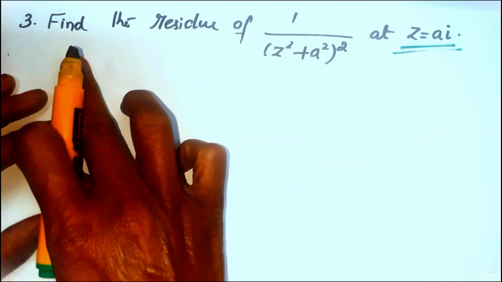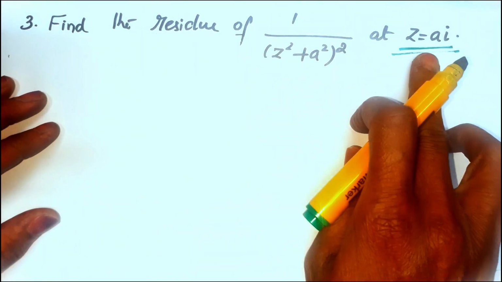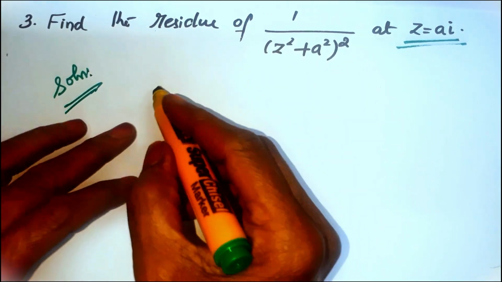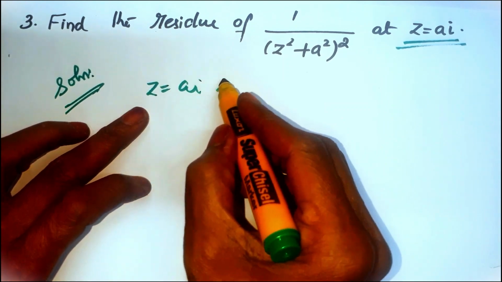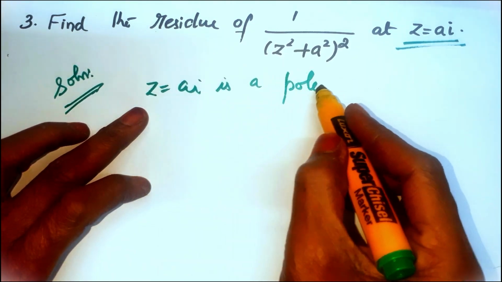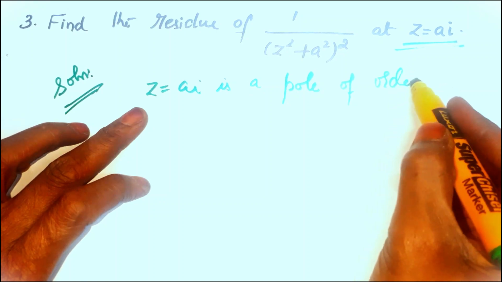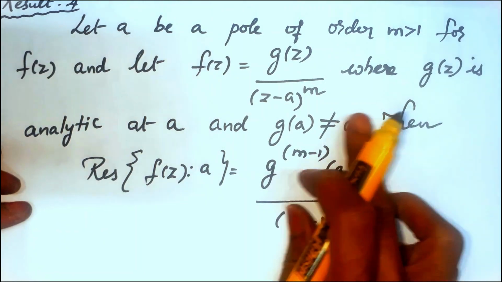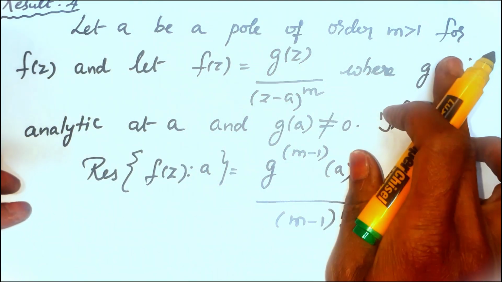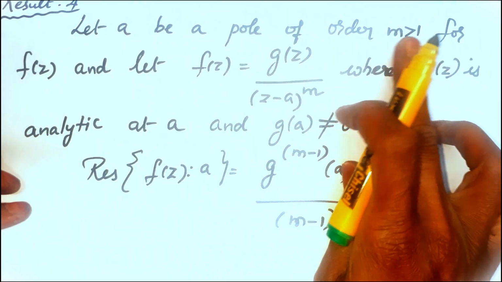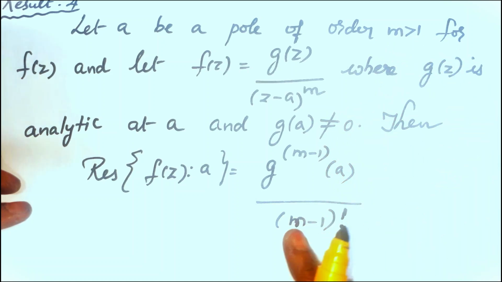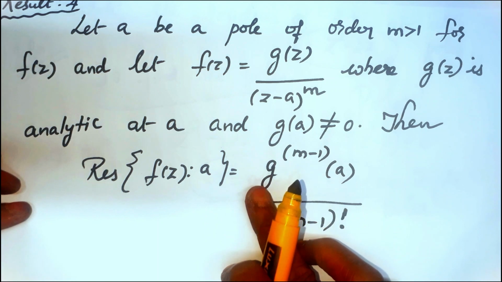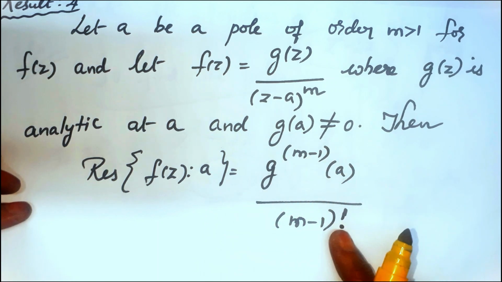So coming to the problem, we are going to find the residue of the given function at z equal to ai. Already we know that z equal to ai is a pole of order 2. This is the result we saw: if a is a pole of order m, which is greater than 1, the formula for calculation of the residue is g to the power (m minus 1) of a by (m minus 1) factorial.